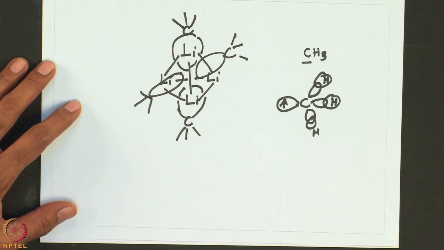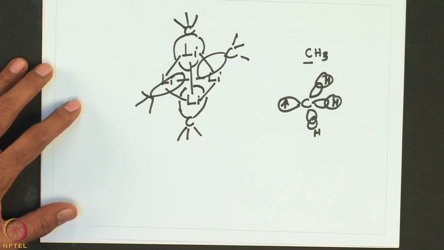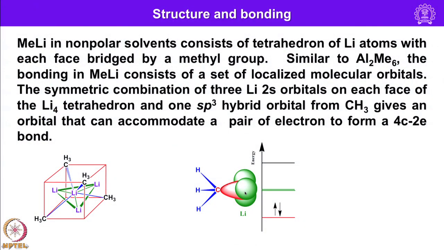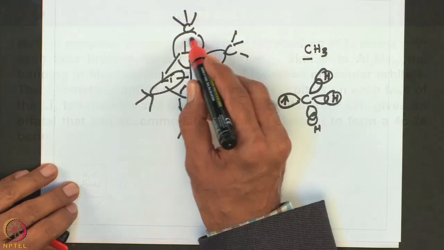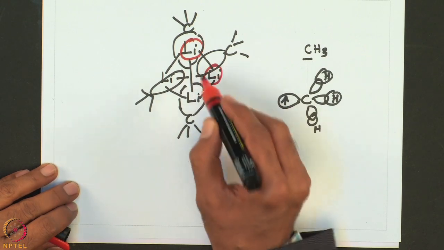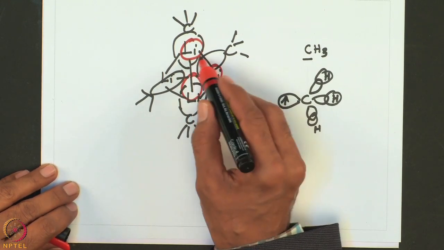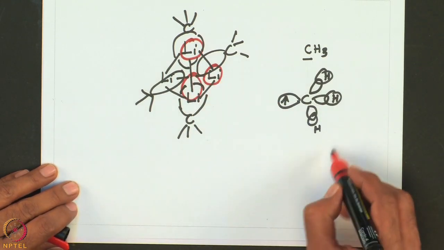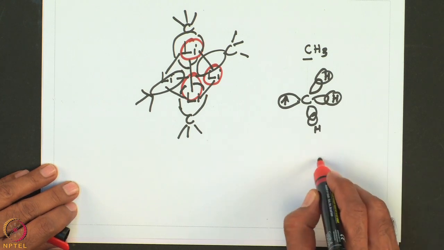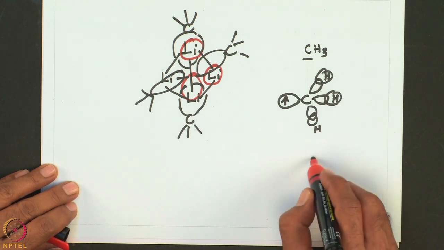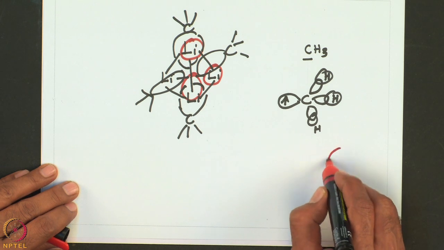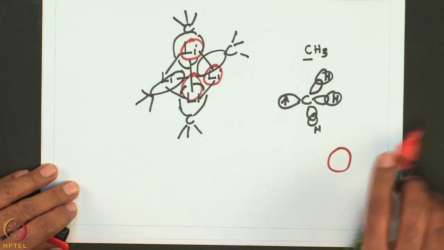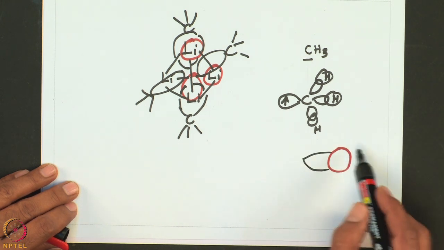That is what I have shown here, you can see, and of course, this can also be simply shown in this fashion, and if I put here, you can see now 3 are there and this one is coming, and of course, one can show in this fashion, your sp3 is coming here.